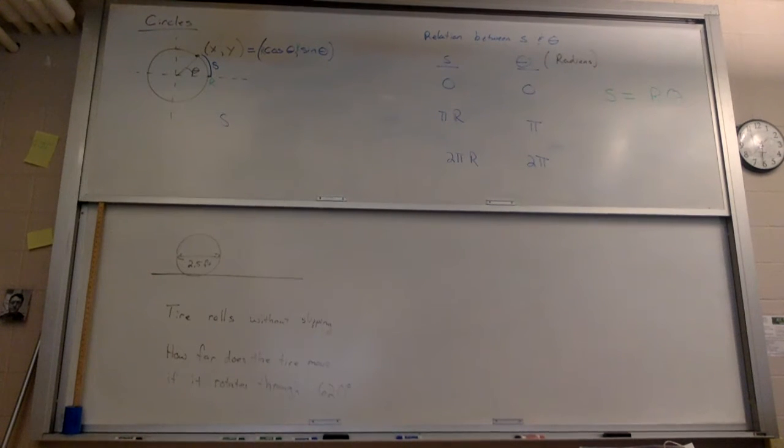What's the conversion? How many degrees would 180 degrees be? Sorry, how many radians? Pi. So pi radians is 180 degrees. So you have pi radians divided by 180. Put the labels down so you get that right.